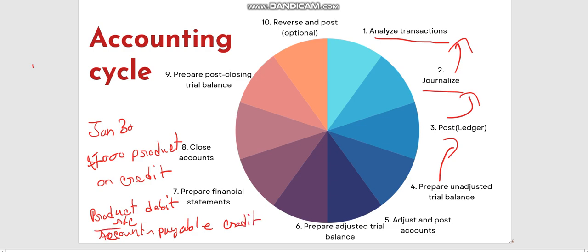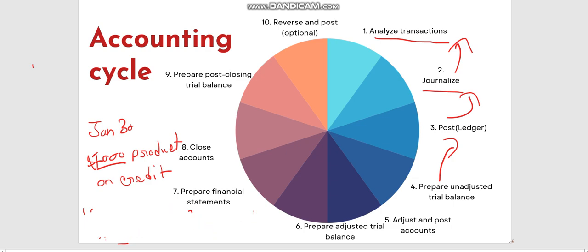So product account debit 1000. I don't have the space, sorry. And accounts payable 1000 credit. So that would be the ledger. But this transaction was repaid on February 1st.